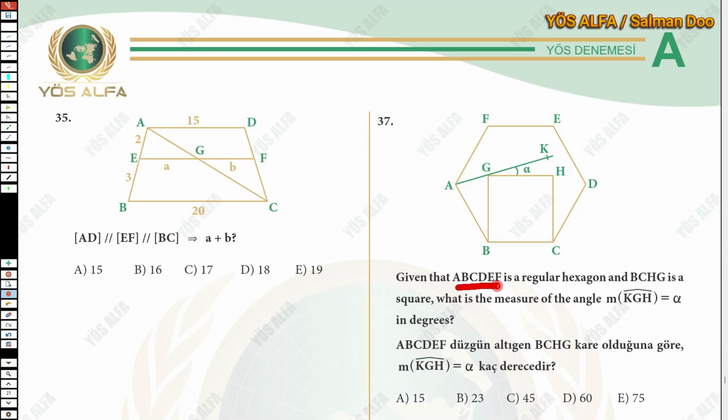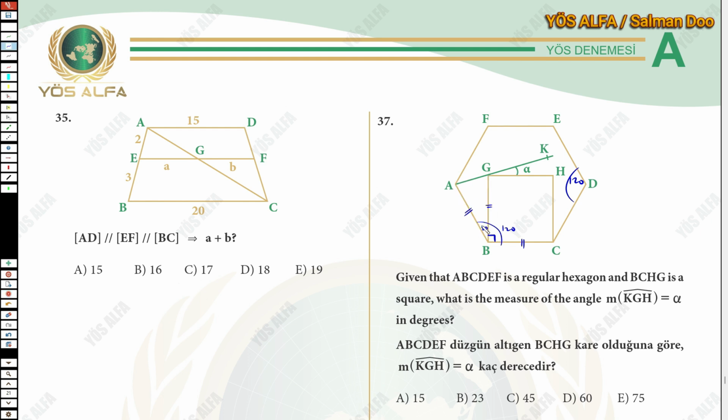7. A, B, C, D, E, F is a regular hexagon, and this is a square, and we're asked to find alpha. So we know that each angle of the hexagon is 120. So since this is a square, this one is 90, and this angle is 30, so that this one is 120. And this length and that length are the same, and this is also the side length of the hexagon, so we have an isosceles triangle over here.